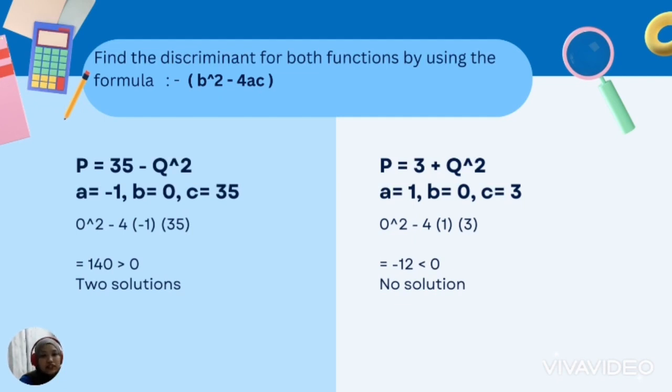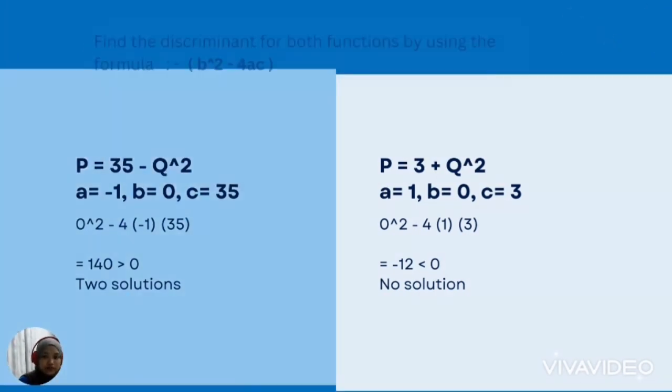For the first function, we will get the answer 140, which is more than 0. That indicates there are two solutions for this function. For the second function, which is the supply function, the answer is negative, which is less than 0. That indicates there are no solutions for this function.